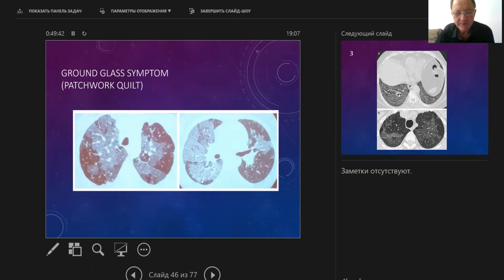By the way, in the case of ground glass opacity, you can detect the lung architecture, lung structure, in the areas of ground glass opacity. In the case of consolidation, no structure of the lung is visible, no vessels, no bronchus.